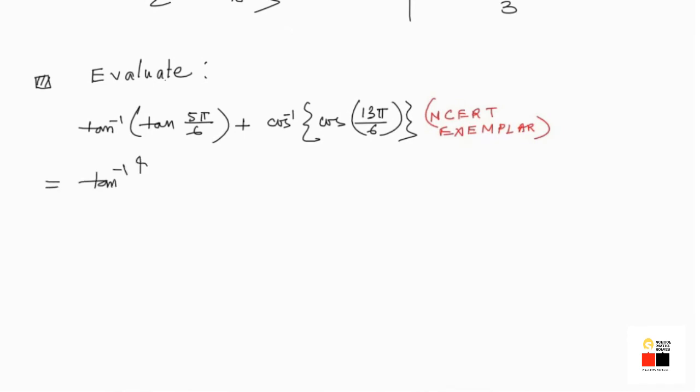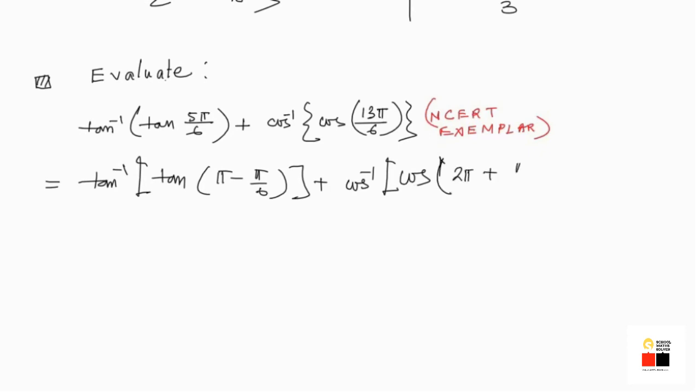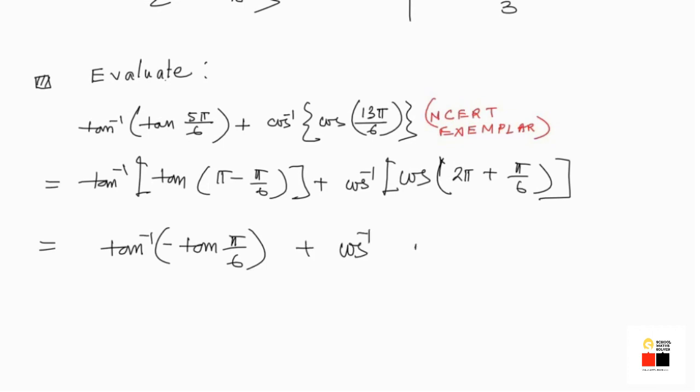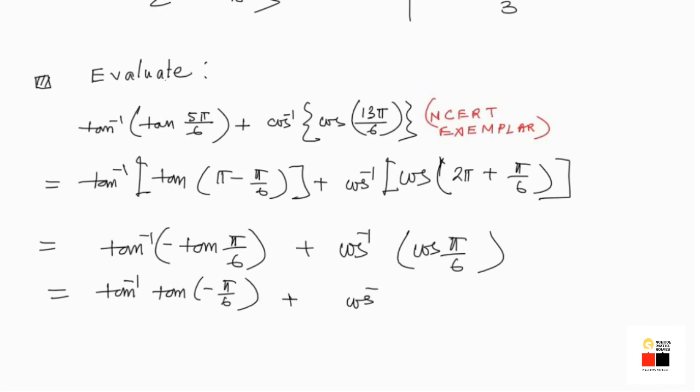Tan inverse tan pi minus pi by 6 plus cos inverse cos 2 pi plus pi by 6 equals to tan inverse tan pi by 6, but this will be negative, plus cos inverse cos pi by 6 equals to tan inverse tan minus pi by 6 plus cos inverse cos pi by 6 equals to minus pi by 6 plus pi by 6. Answer will be 0.